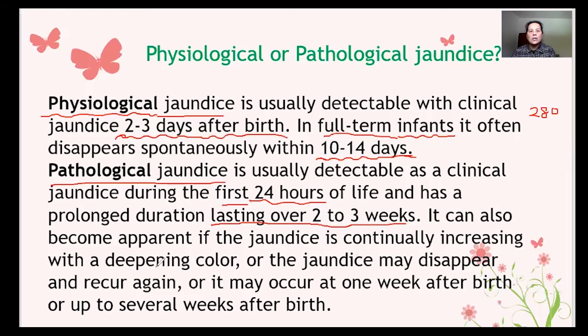So that's generally physiological jaundice and pathological jaundice. Also with pathological jaundice, the color will gradually increase, more and more yellow. And it's also possible it disappears and then recurs again. That usually belongs to pathological jaundice.